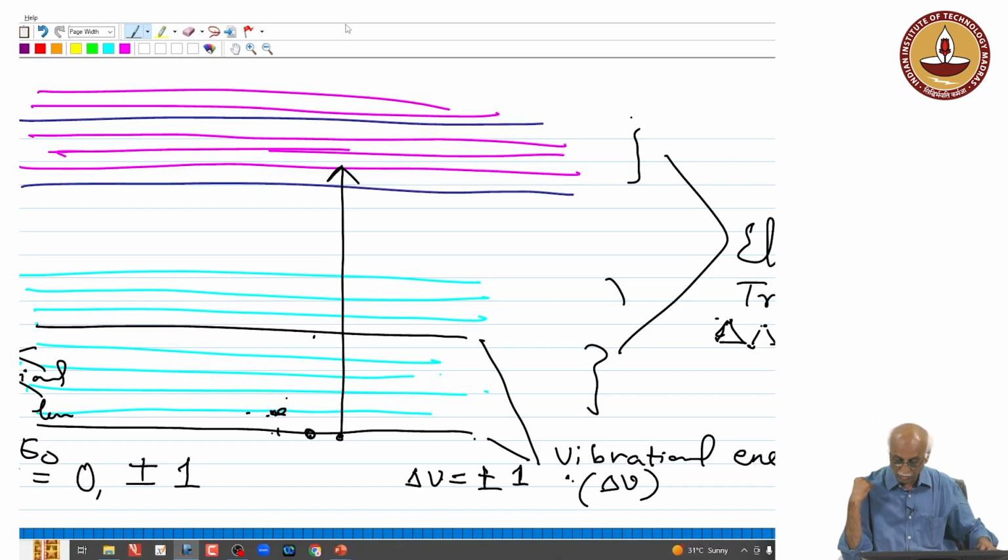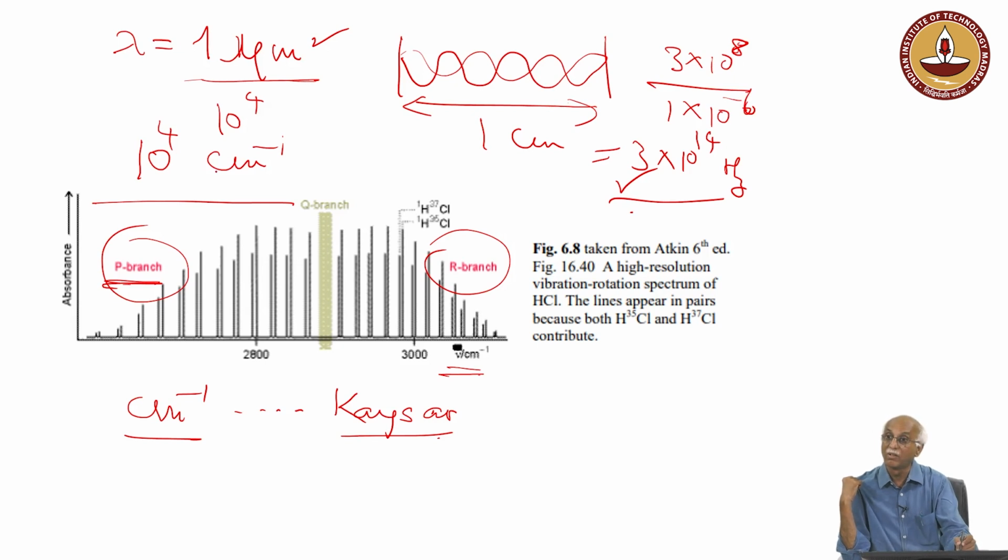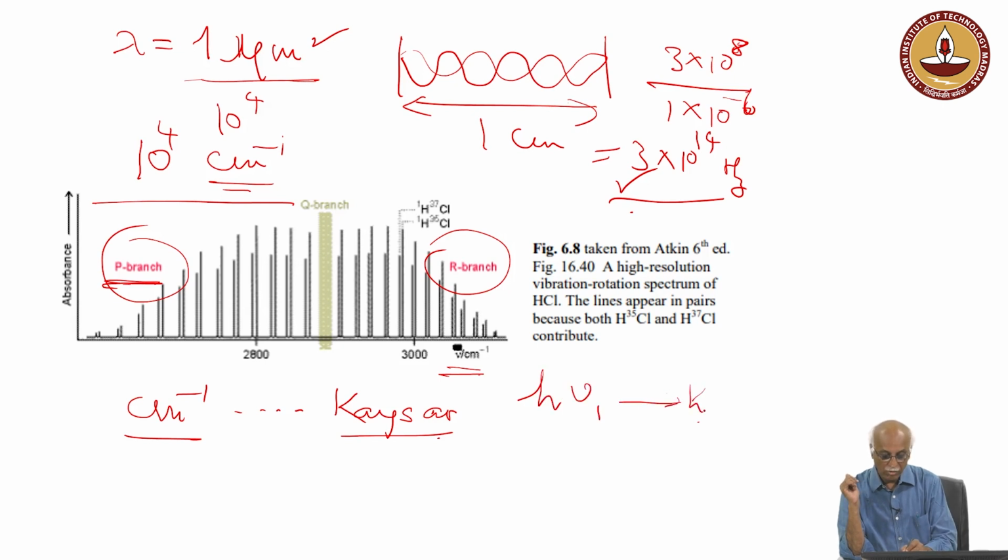Why use such a Kaiser, the wave number? Because the advantage, you will see afterwards, is that in most spectroscopy applications it is very easy to use such a parameter, centimeter inverse, because when a frequency shift takes place from one frequency to another, say nu 1 changes to nu 2, of course there will be some loss, the energy of that photon is altered.